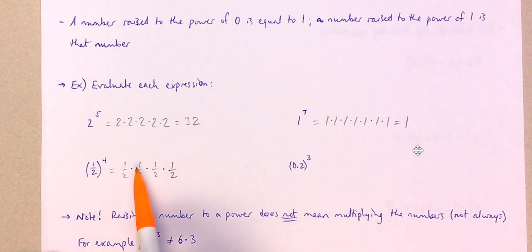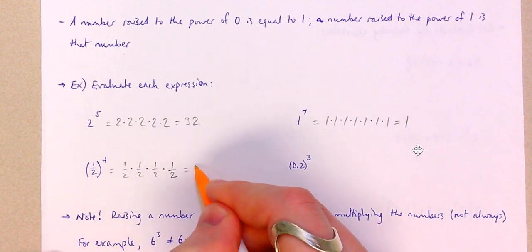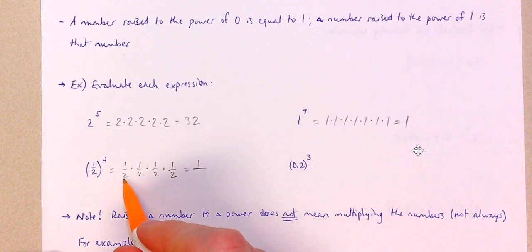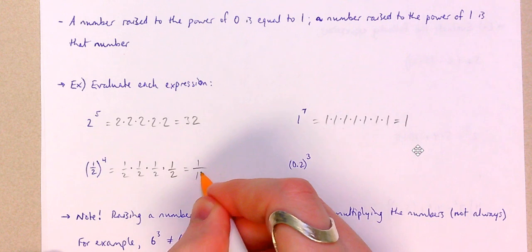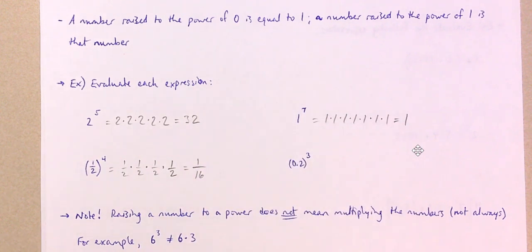So 1 times 1 times 1 times 1 is equal to 1. And 2 times 2 times 2 times 2 is going to equal 16. So 1/2 raised to the 4th power is equal to 1 over 16.